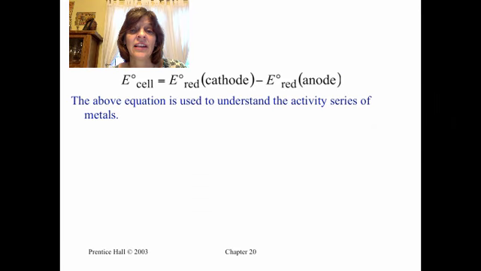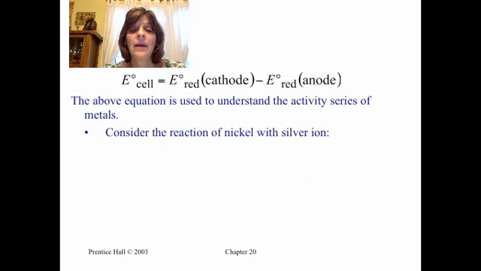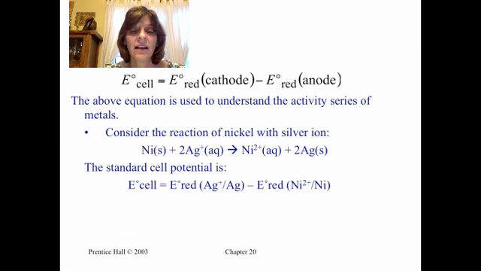All right, so that is used to understand the activity series of metals. So if we think about nickel with silver, nickel reacts spontaneously with silver ion to produce nickel ion and solid silver. The standard potential is the reduction potential of the silver, which is being reduced, minus the standard reduction potential of the nickel being oxidized.